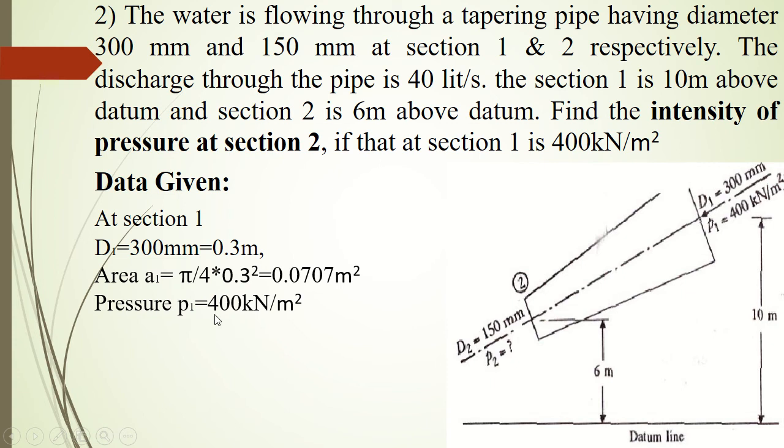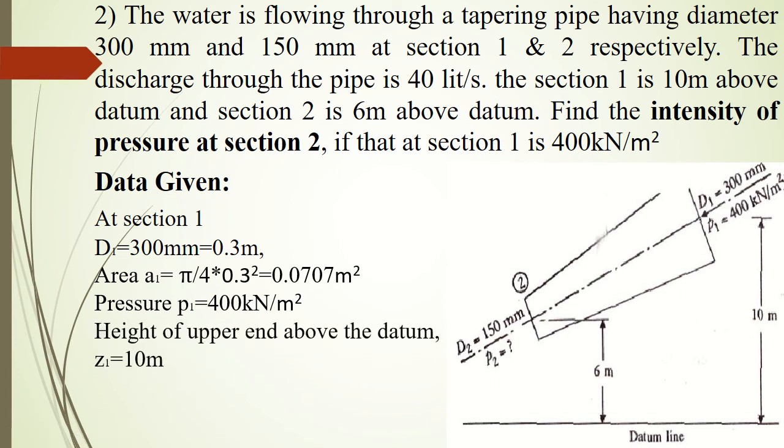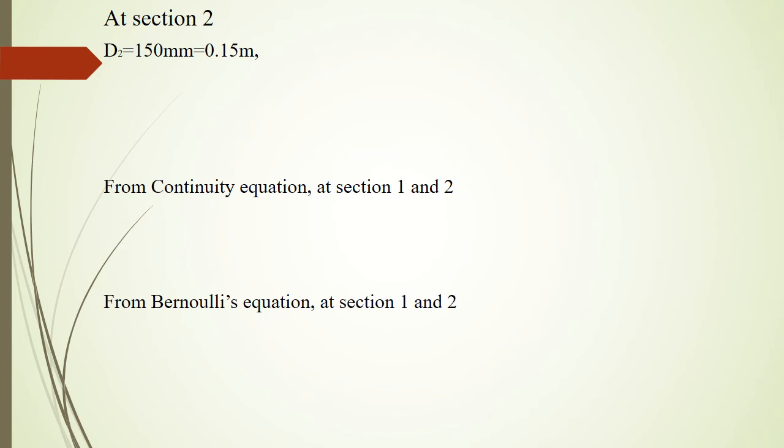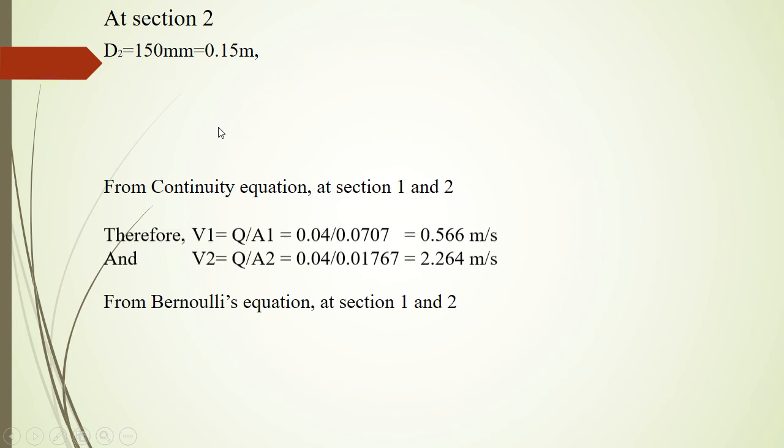It is 400 kilonewton per meter square. Okay, now he has also given the height of the upper end above the datum, Z1, which is nothing but 10 meter.